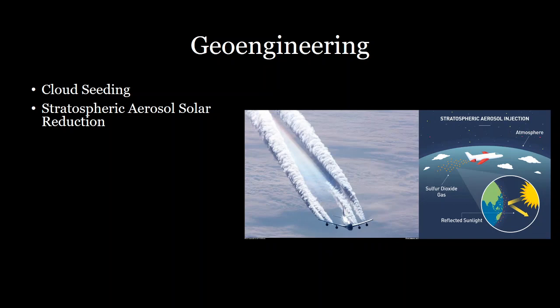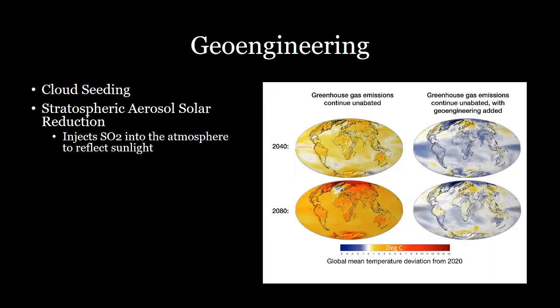But there's definitely some downsides to this as well as upsides. So you can see here, these are climate model simulations that show a business as usual climate scenario and how much warming we would expect.